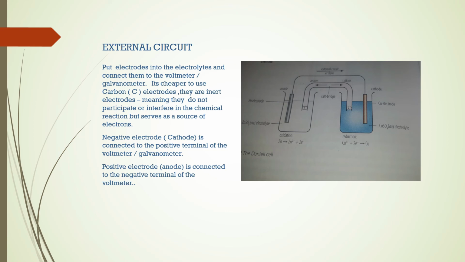The negative electrode, cathode, is connected to the positive terminal of the voltmeter or galvanometer. The positive electrode, anode, is connected to the negative terminal of the voltmeter or galvanometer.